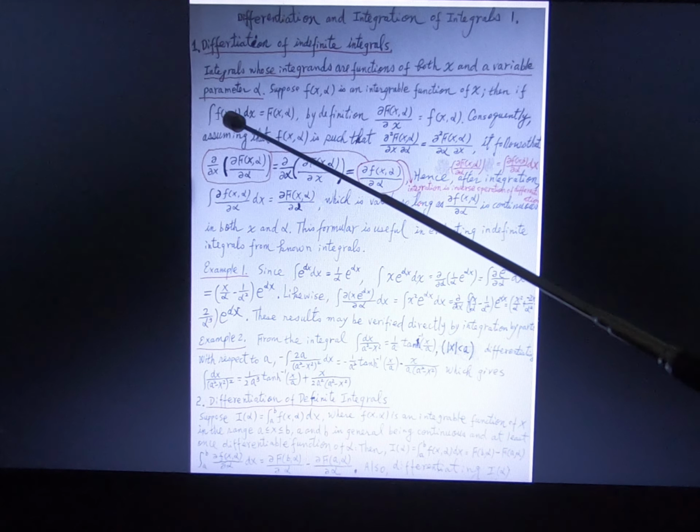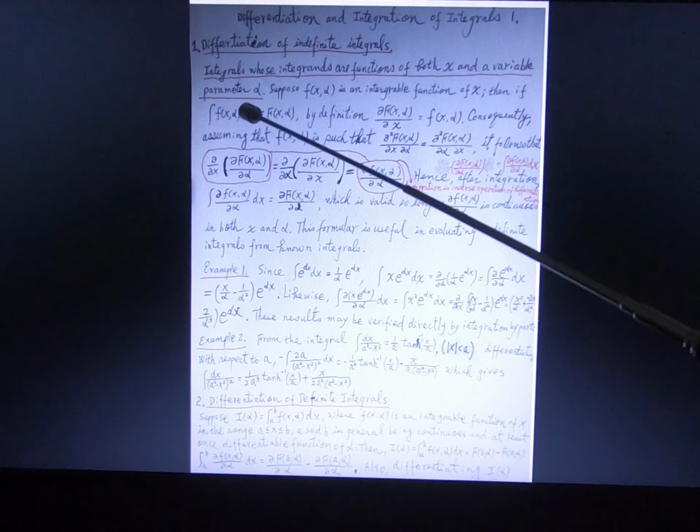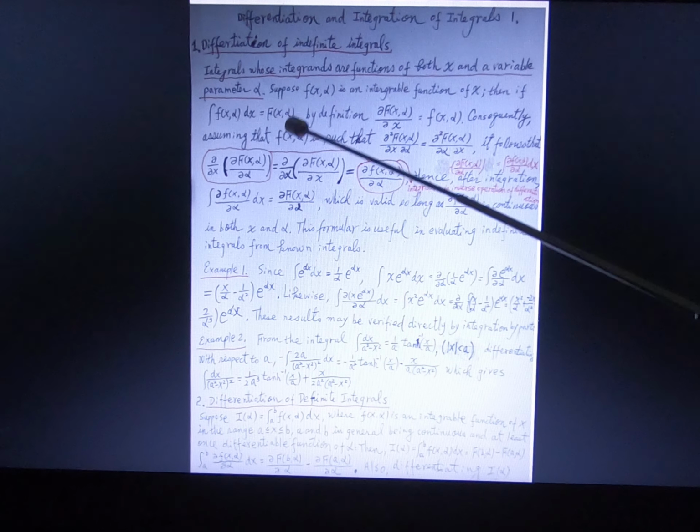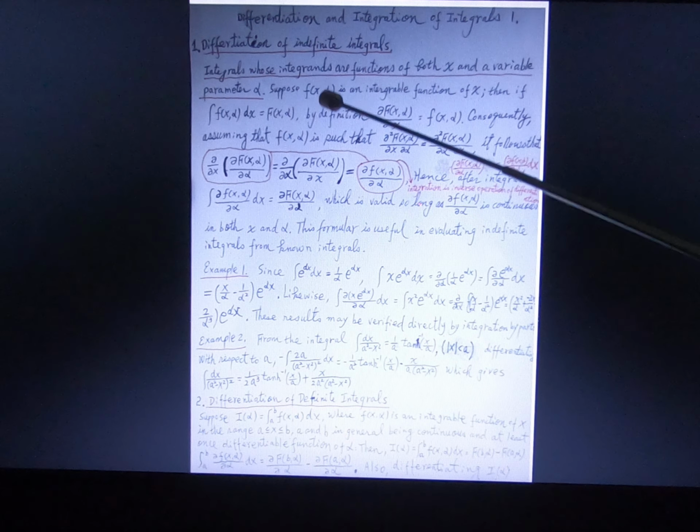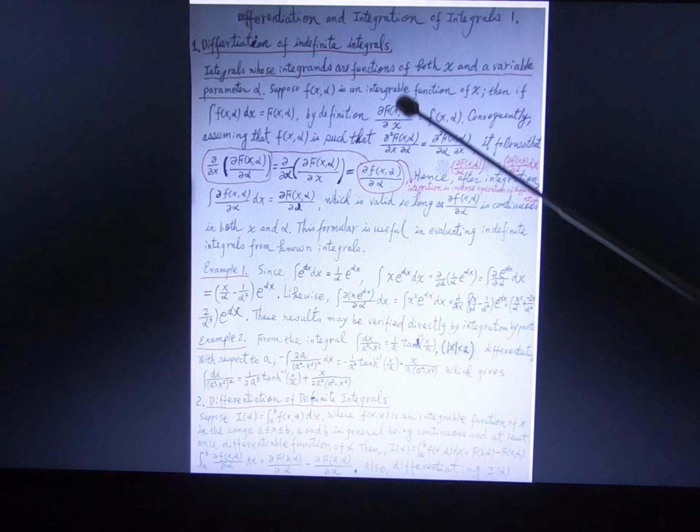Then if the integration of small f(x) is equal to capital F(x, alpha), you can see the differentiation is equal to this.